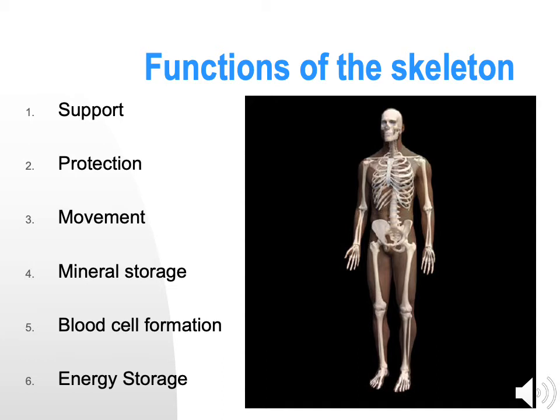However, with increasing age, blood cell production decreases and a lot of that red bone marrow changes to yellow bone marrow. This consists mainly of triglycerides, so fats that we can store and can be released into the body for energy.